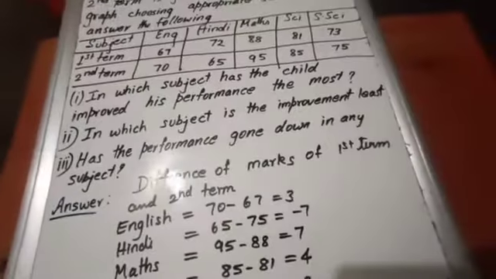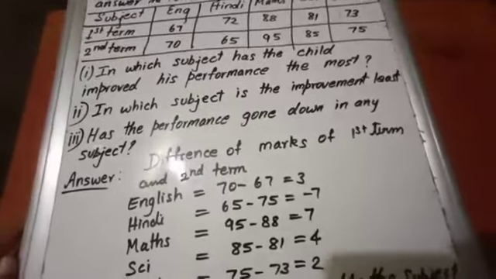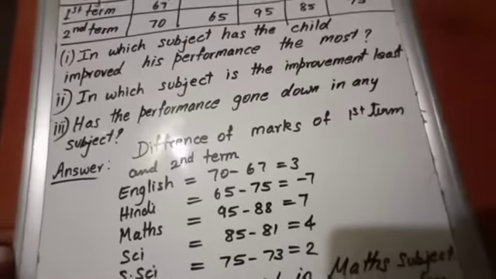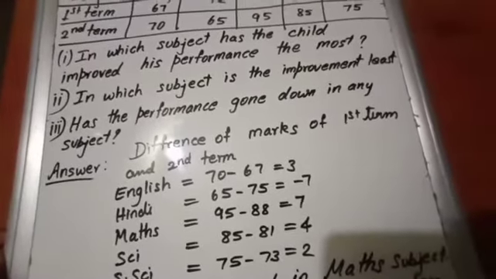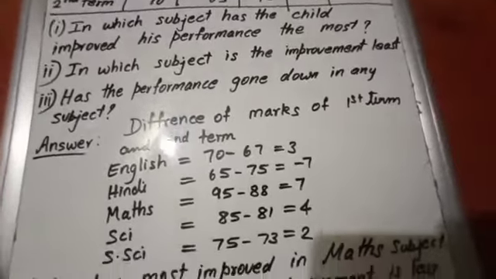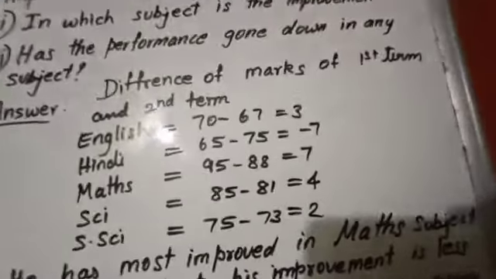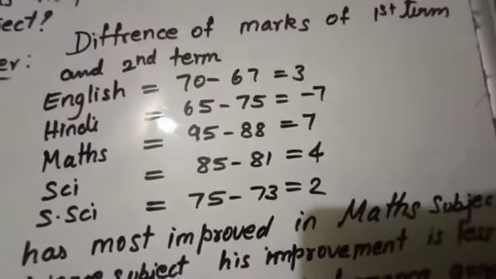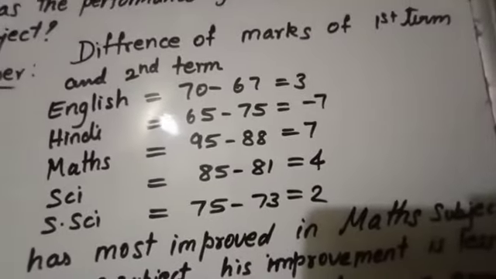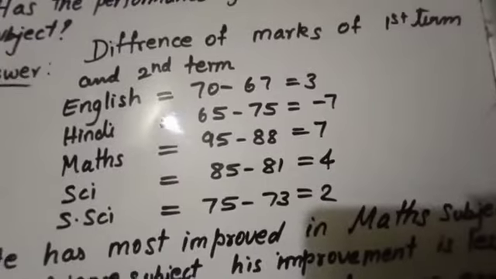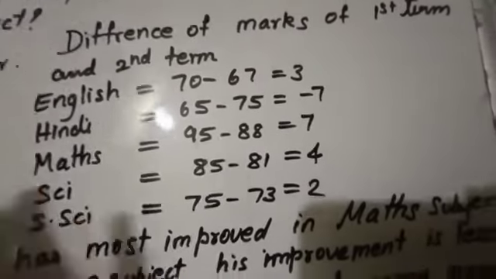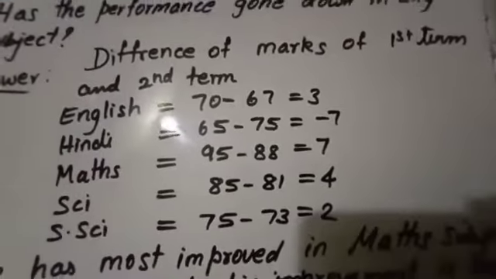Now let us answer these questions. Before answering, because they are asking the comparison between first term and second term, let us find the difference of marks between first term and second term. English: 70 minus 67 is 3. We are going to subtract the first term from the second term.